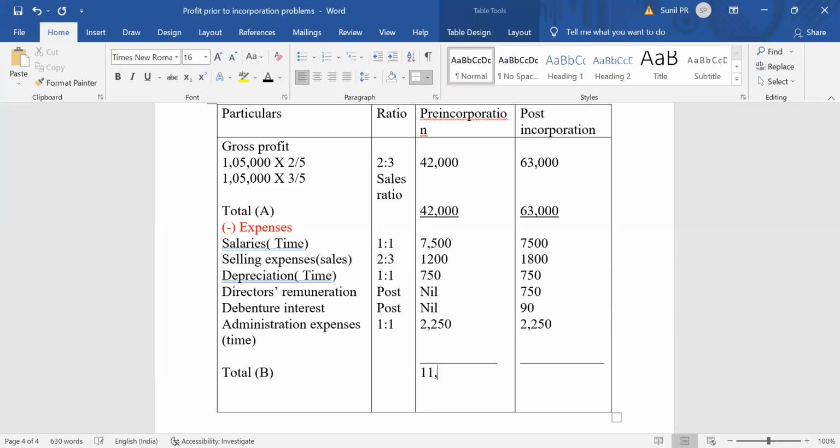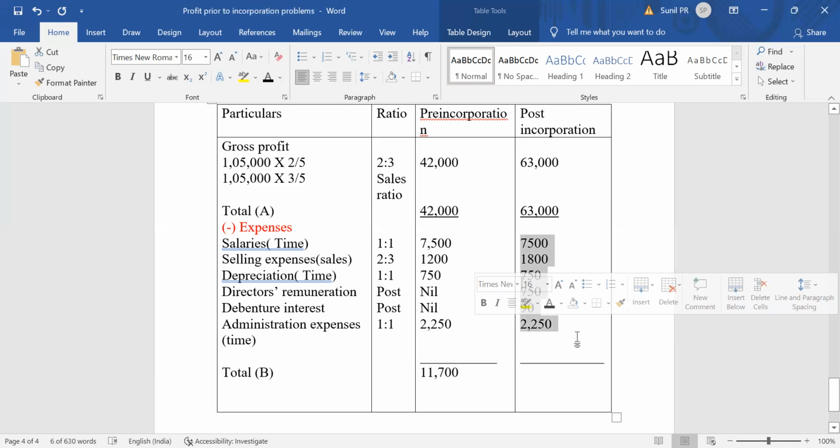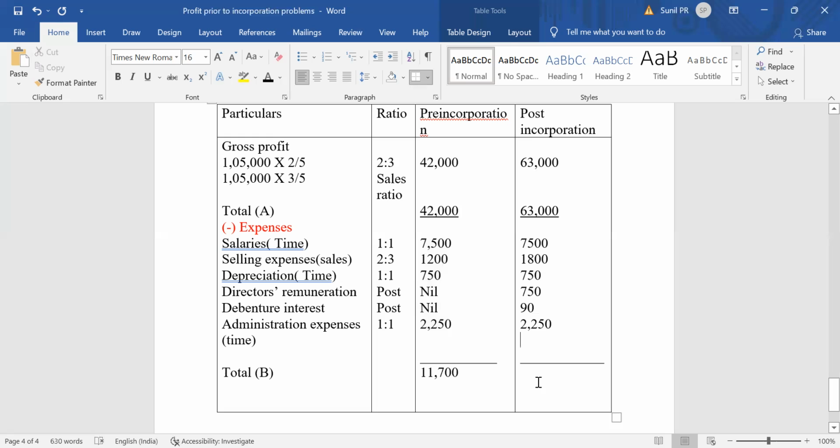Similarly, do the total of post-incorporation. It's 13,140, sir. 13,140. Yes, sir.